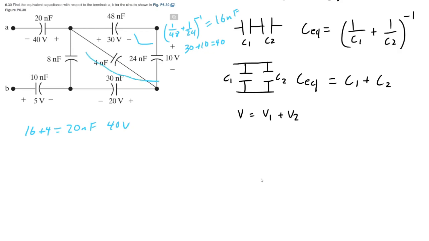This is like an equivalent capacitor that has 20 nanofarad and 40 volts across it. So now we've got this capacitor right here in series with that equivalent capacitance. So let me do it in blue. 1/30 plus 1/20, inverted, is going to be 15 nanofarad.